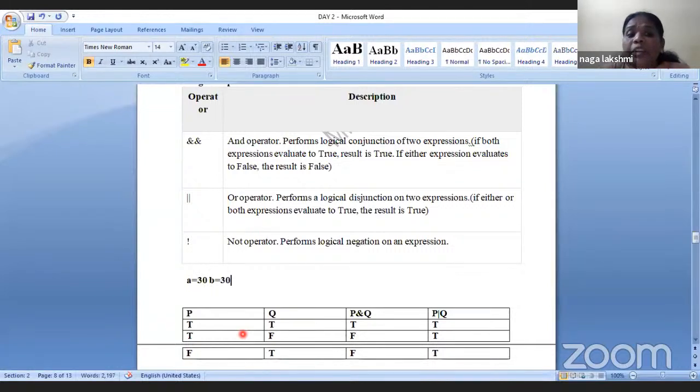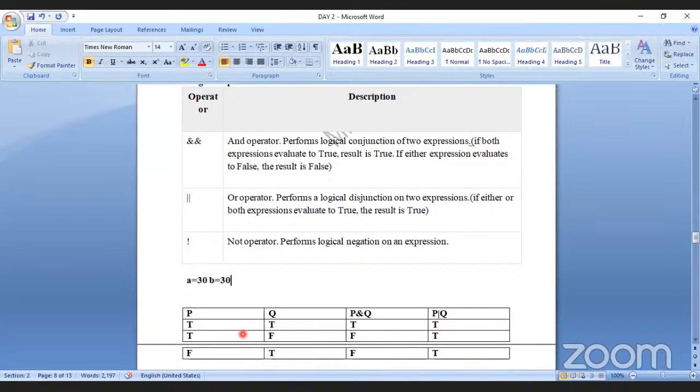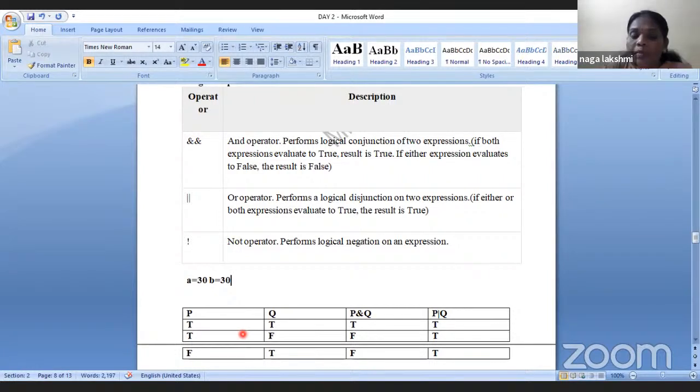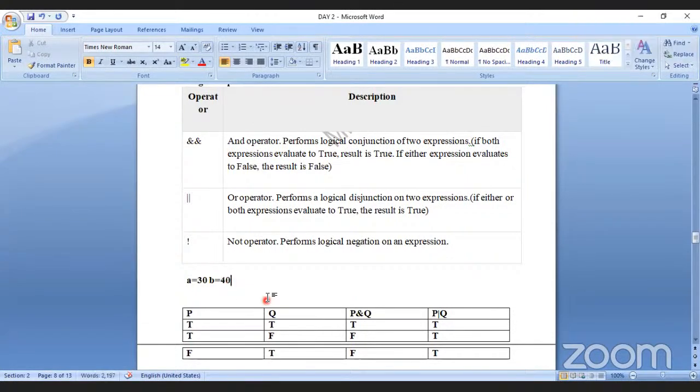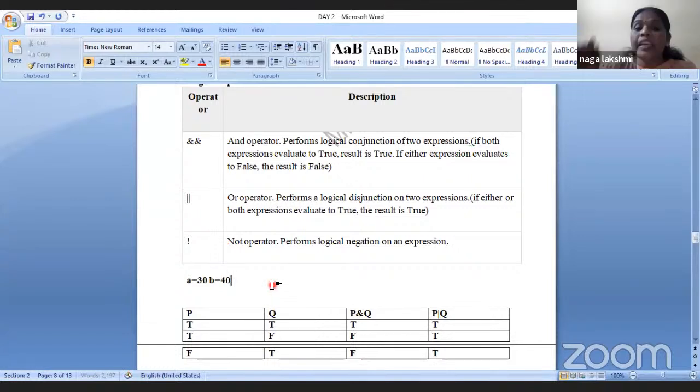Here are A and B equal or not? Equal, ma'am. If I want to say both are not equal, then I have to use the symbol called not equal to. Suppose A equals 30 and B is 40. Now are A and B equal or different? Different, ma'am. At that time I have to give A is not equal to B. Okay?